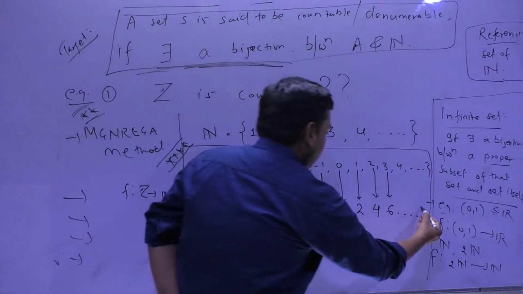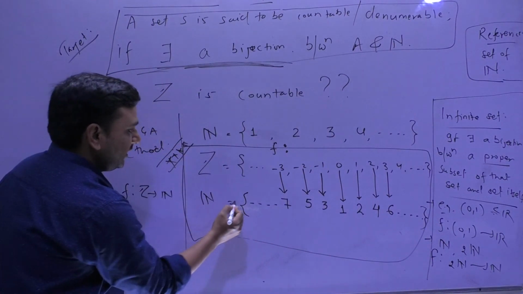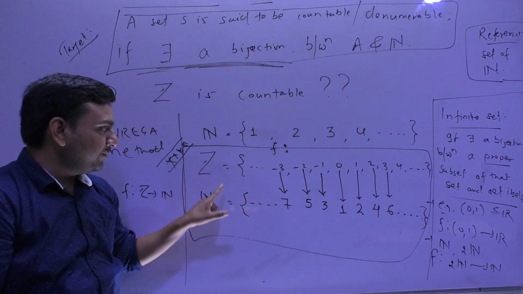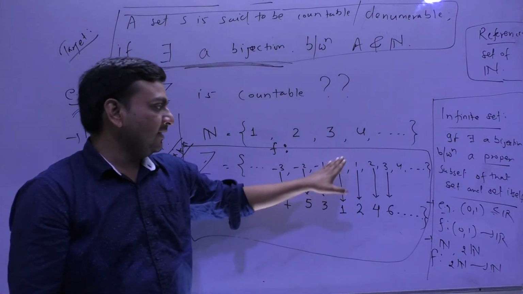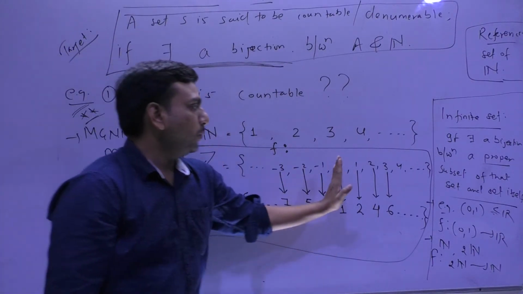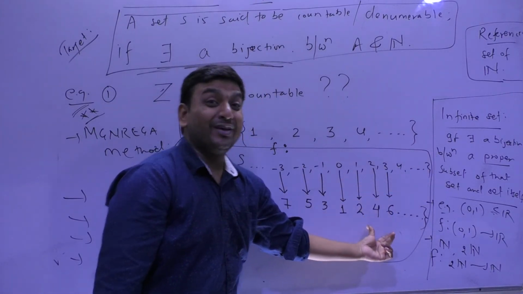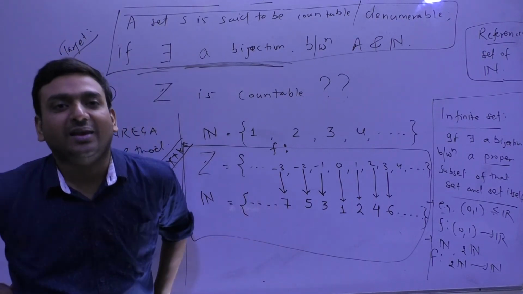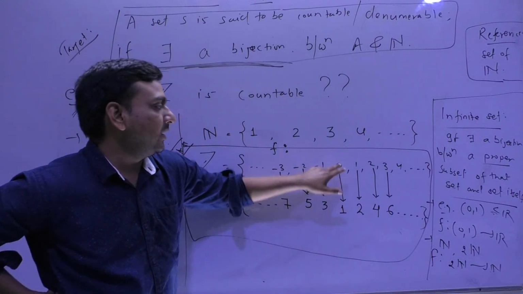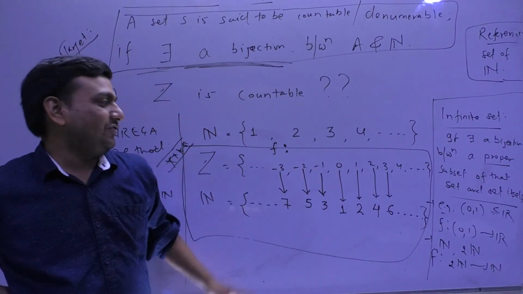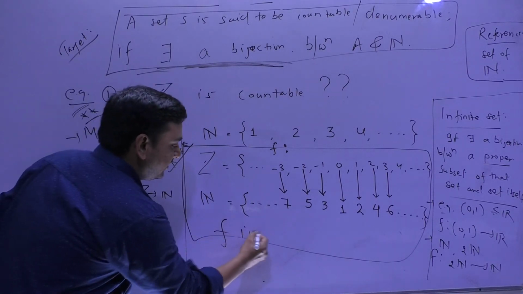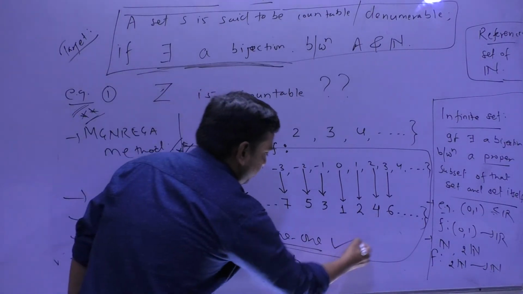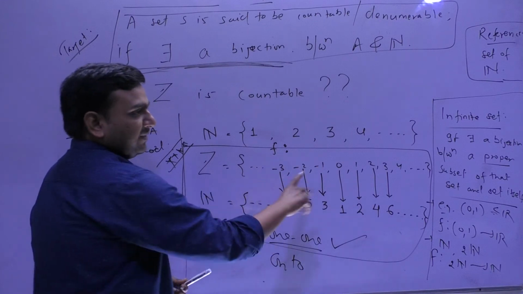So this is the set of natural numbers, and a very beautiful picture in front of us, the mapping from Z to N. What I did: 0 is mapped to 1, positive integers are mapped to even natural numbers, negative integers are mapped to odd natural numbers starting from 3, because 1 I have already mapped here. Now check it out. Is this F one-one and onto or not? One-one, yes, because no two elements will have the same image.